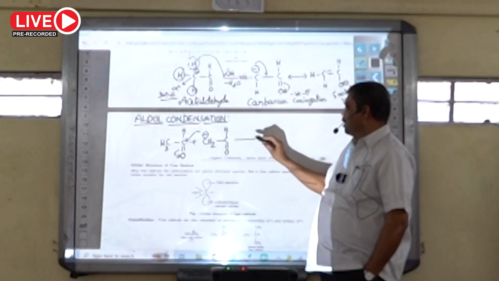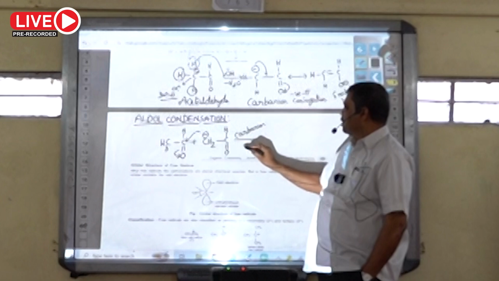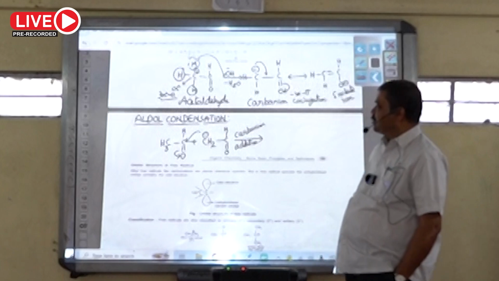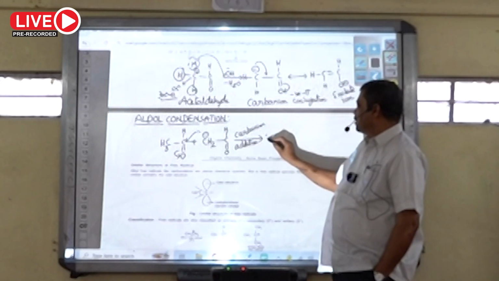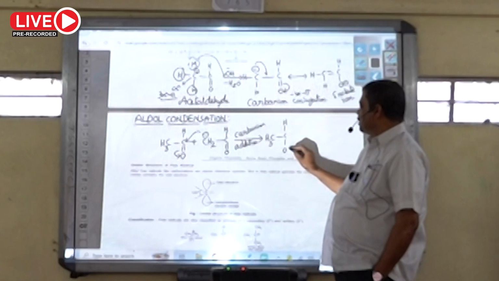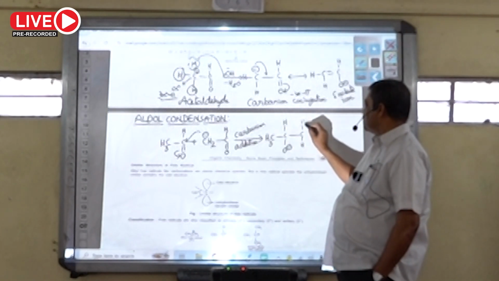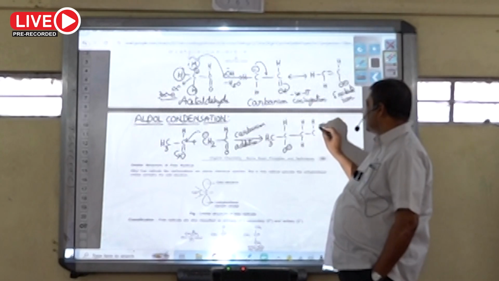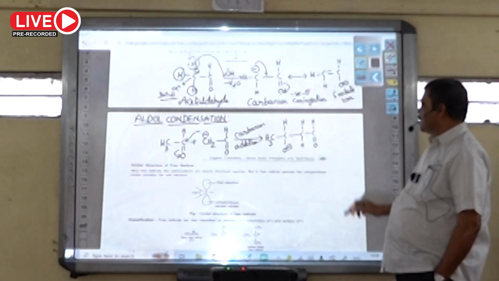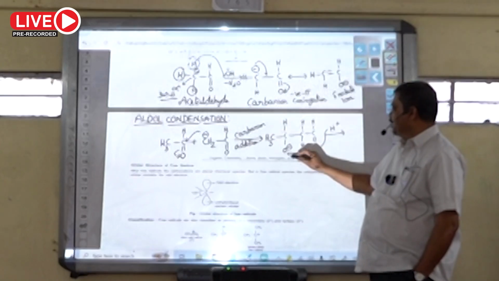So this is what we call carbanion addition. It becomes O minus. Now this becomes CH2, CH double bond. Now this will react with H plus and O minus becomes OH.